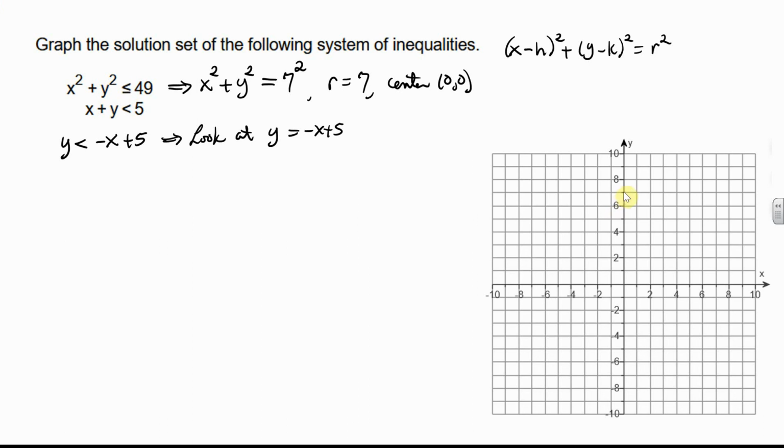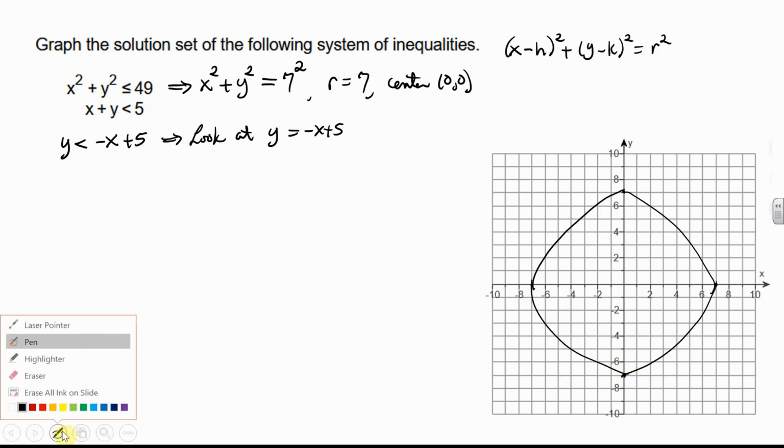So I'm going to just hit all the points radius 7 on my graph. So that's everything on the inside of the circle.